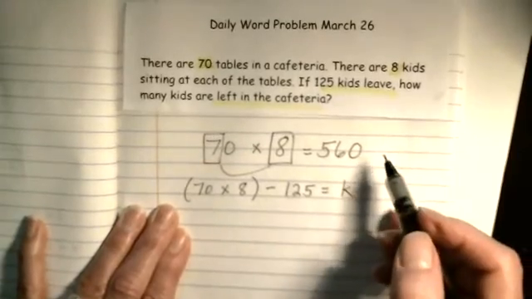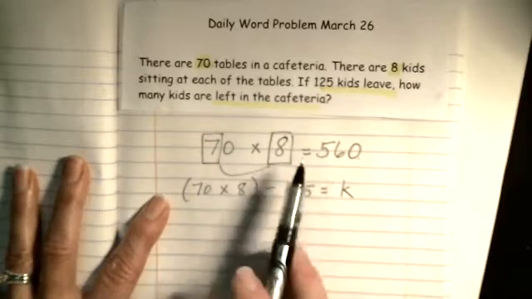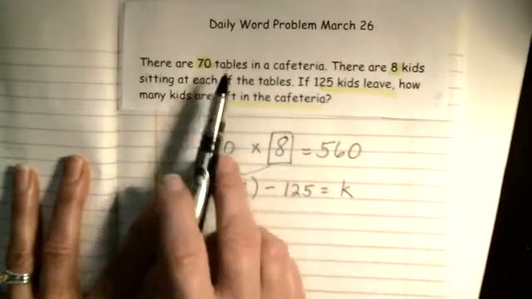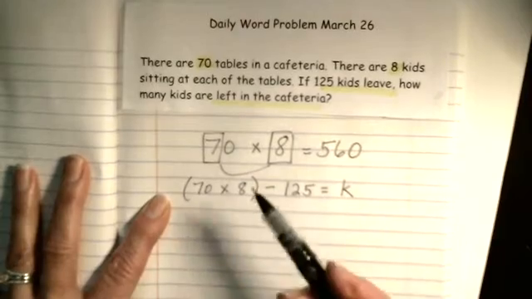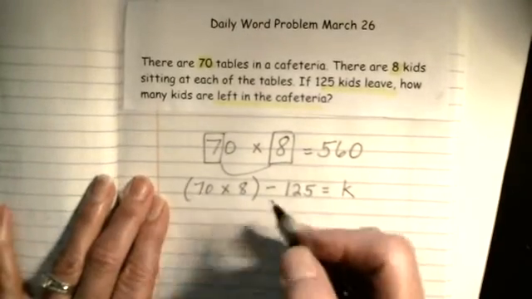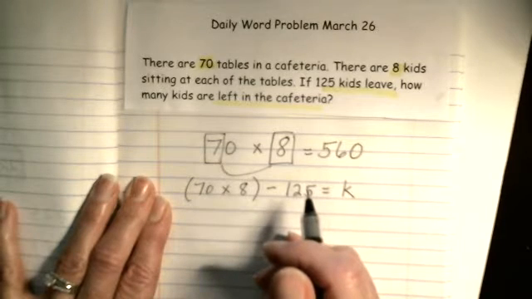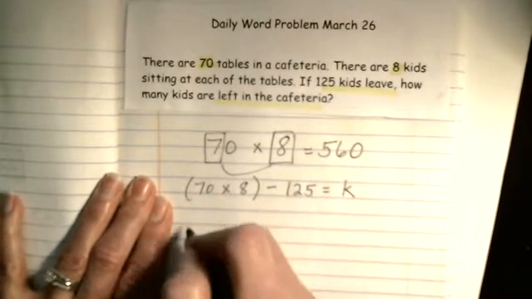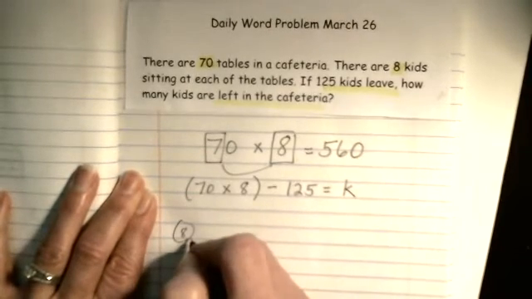So let me review what I did here because I sort of jumped around a little bit. There was 70 tables, 8 kids at each table. Now that's not 70 plus 8. You have 70 tables, 8 kids at each table, all right? So there's 8 kids at each table, but there's 70 of these.